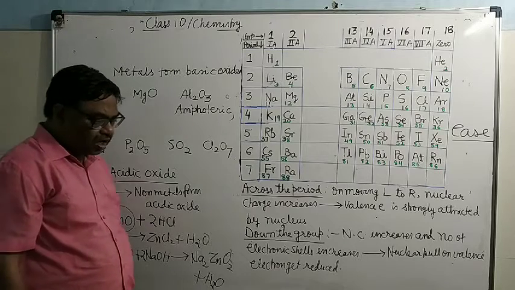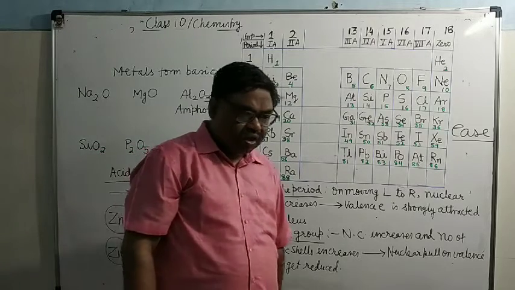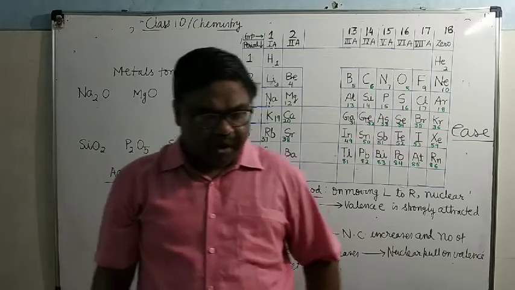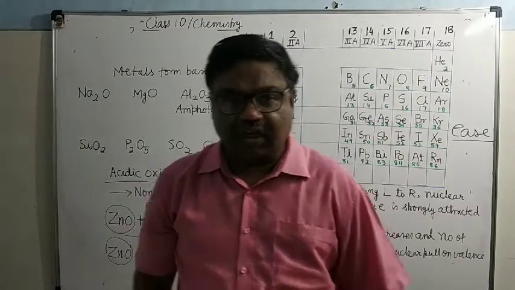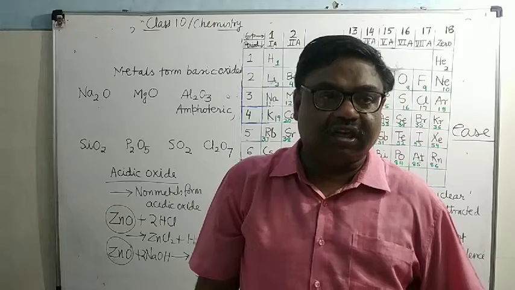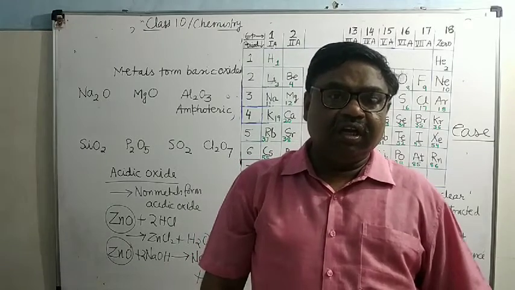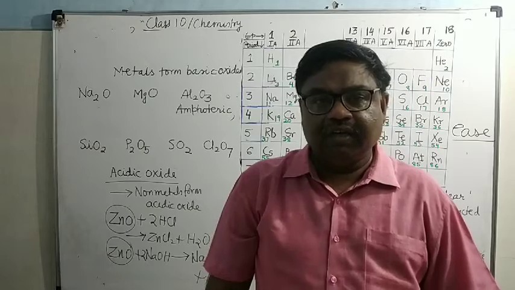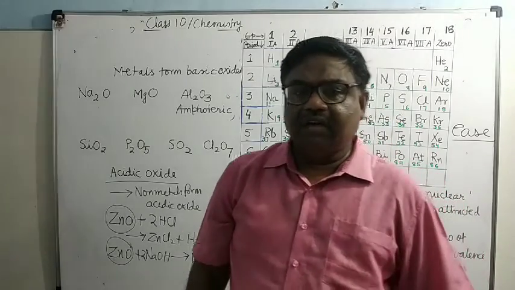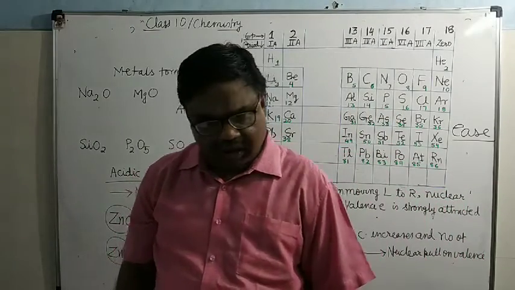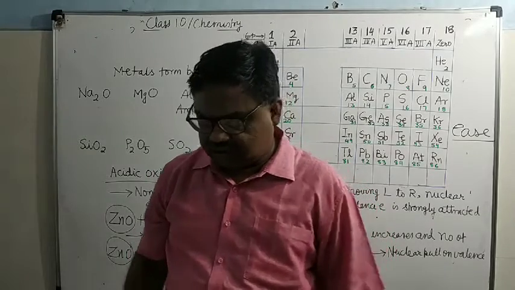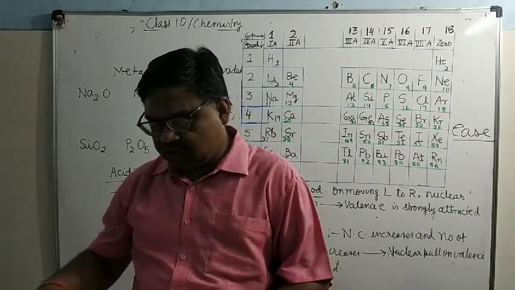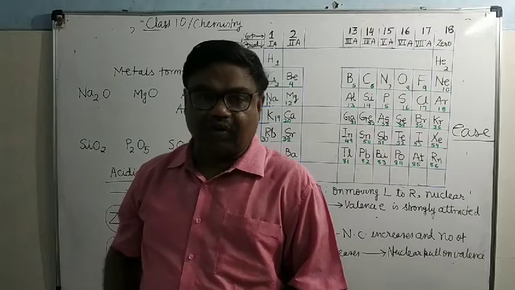So this is all for this lecture. Some more important properties are left which I will discuss in the next lecture, and these are electronegativity, electron affinity, and ionization potential.